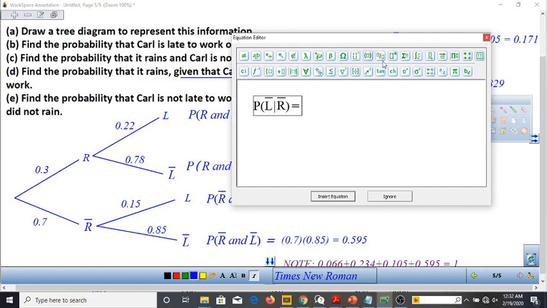The formula is we take a fraction, we find the probability of it not raining, that's 0.7, and then we find the probability of it both not raining and him not being late, which is 0.595. If you have to do that division on your calculator, you'll find that that answer works out to be 0.85. 0.595 divided by 0.7 is going to be 0.85.